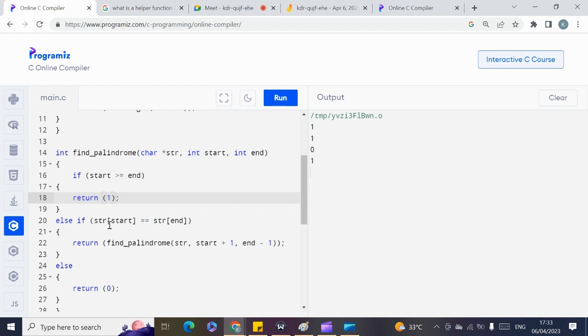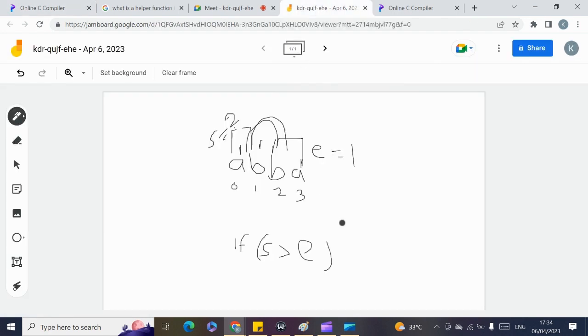We are saying that if start is equal to end, let's go back. We are saying that if start is A here, so if start is equal to end, which is also A, then decrement this and increment this one.